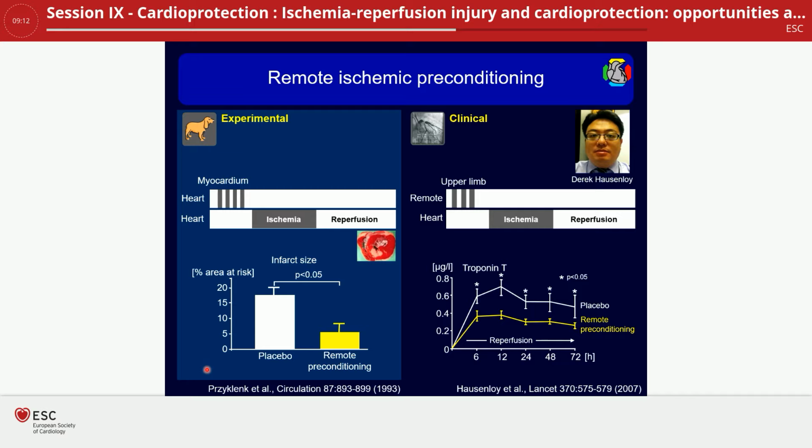To the left part, you see again the experiment by Karin Przyklenk that I called before a curiosity as we perceived it initially. But that was again translated to a very reasonable clinical setting by Derek Hausenloy. And he again used the situation of coronary artery bypass surgery, where during surgery the heart is put under ischemic cardioplegic arrest.